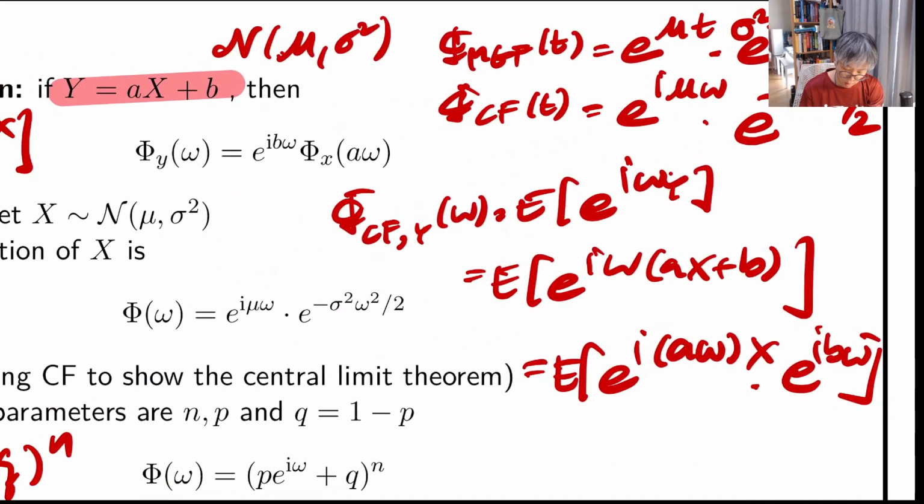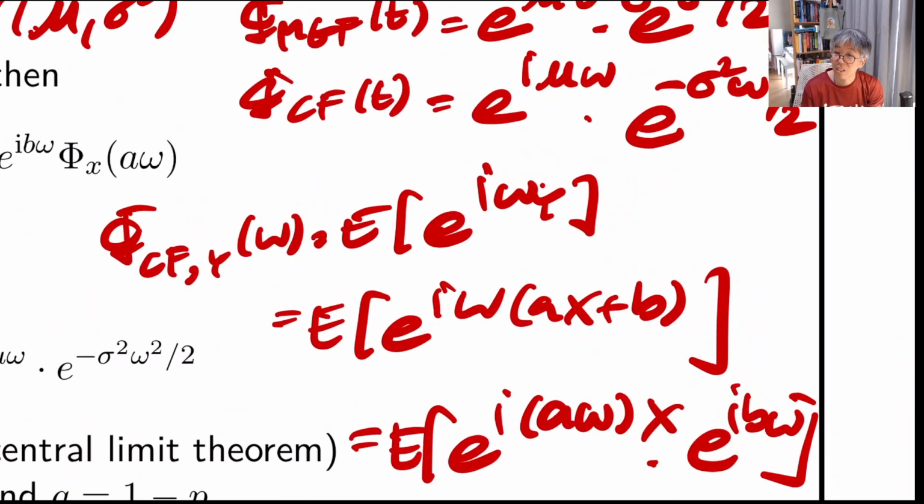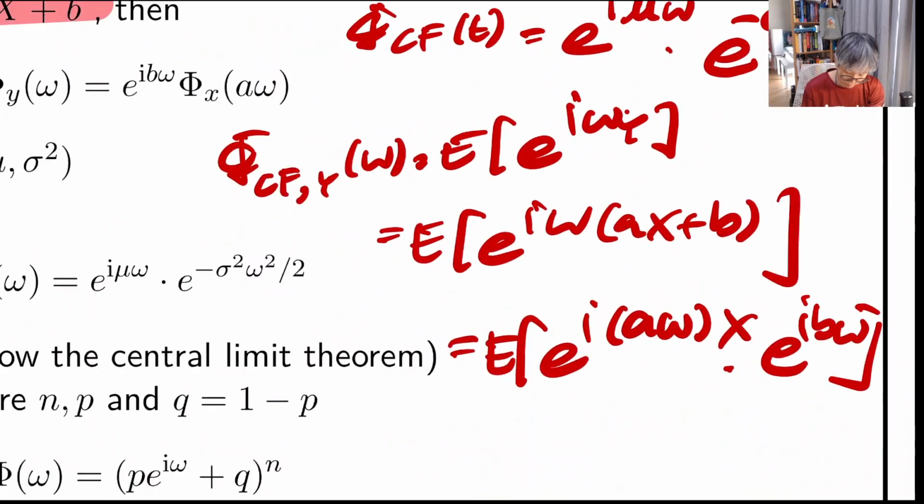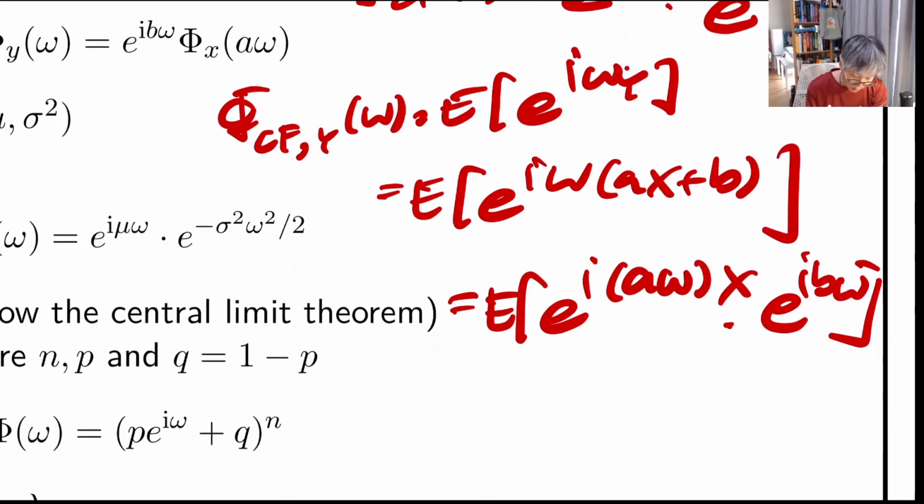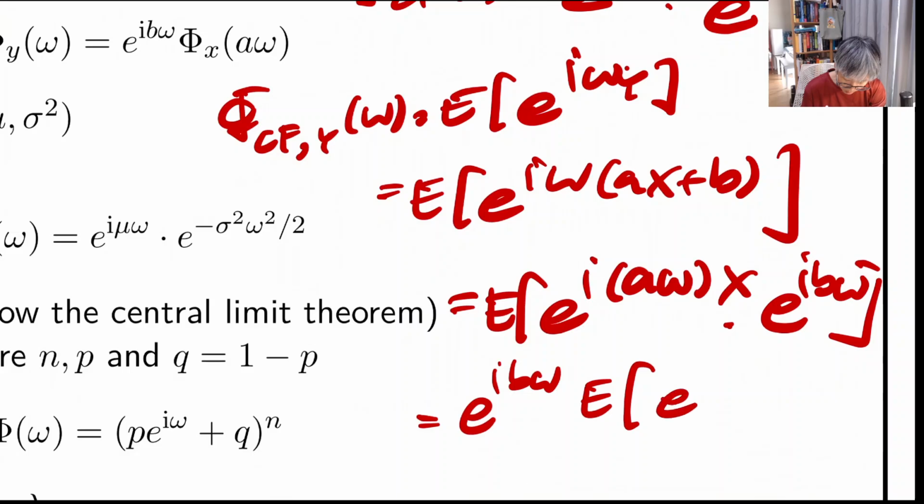So this term e to the i b omega can be taken outside the expectation because that term is deterministic.